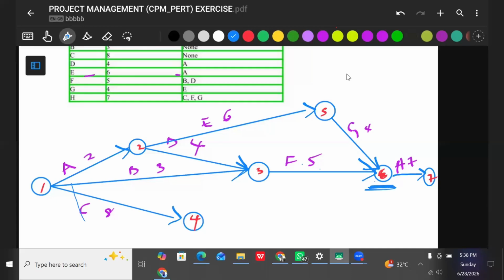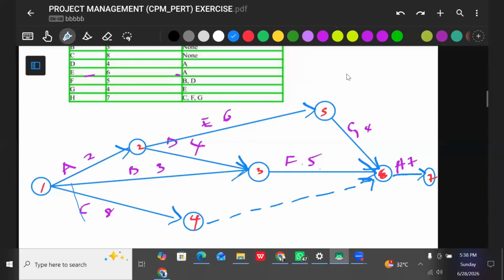But there's no way we could have drawn C directly from here to this place. It becomes parallel, so it doesn't work that way. So when you get to this stage, to close this up, you make use of a dummy activity. And how do you do that? You represent it with broken or dotted lines. This is not exactly the arrow. The arrow is broken. So this activity here is usually designated 0.